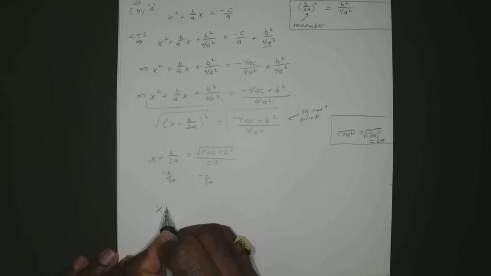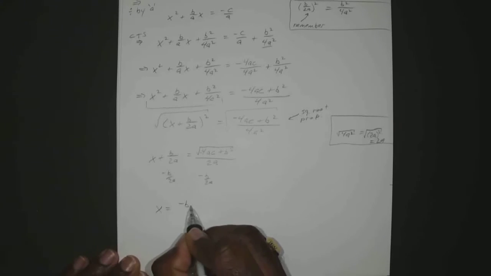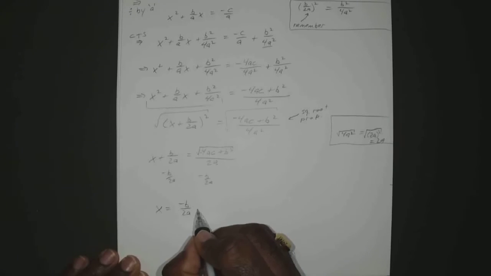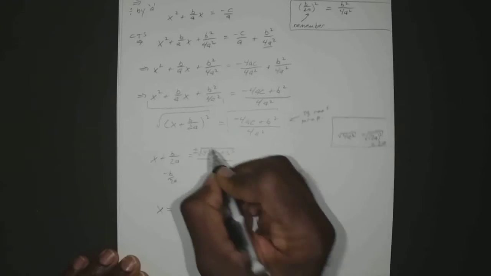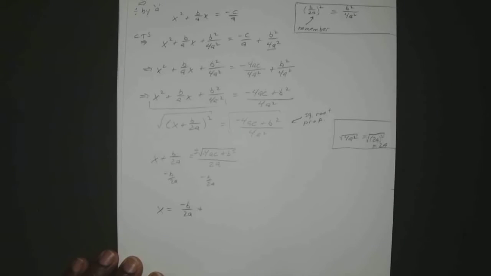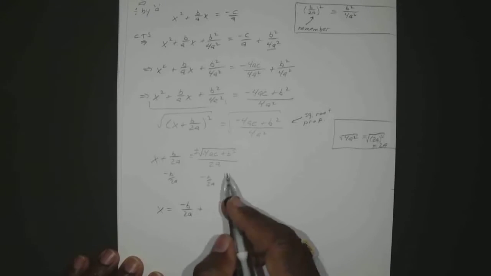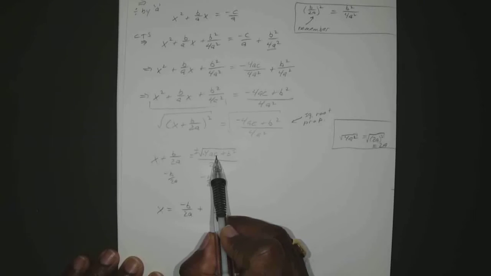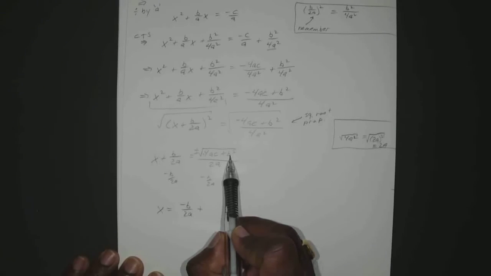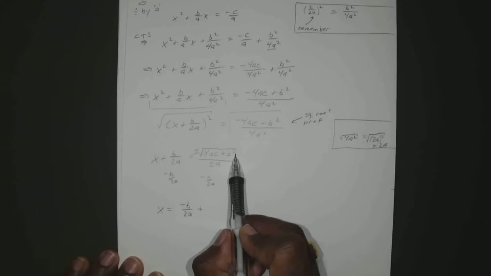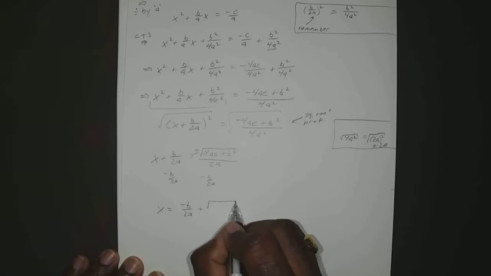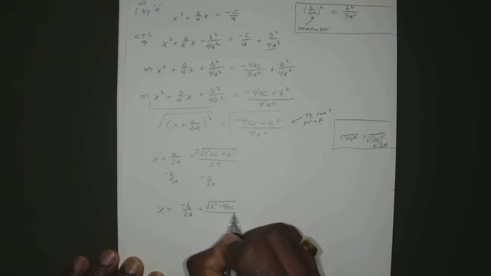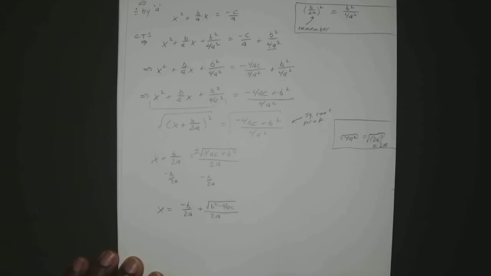So that gives us x equals negative b over 2a plus or minus, oh, I forgot my plus or minus, just how easy it is to forget. Instead of negative 4 times a times c plus b squared, I'll just make it positive b squared minus 4 times a times c. So you have the square root of b squared minus 4ac over 2a.